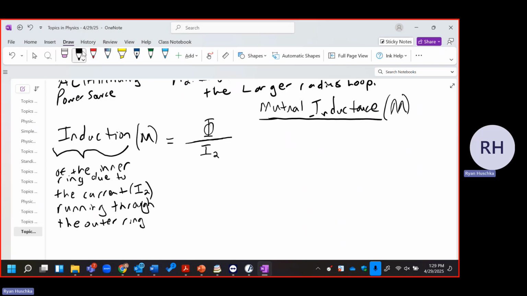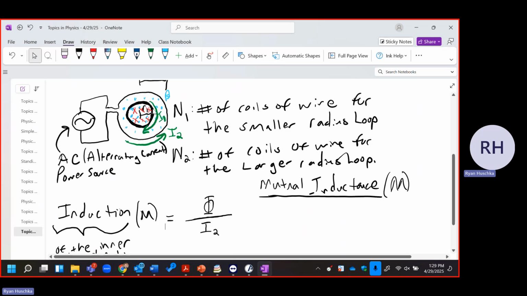What about I2? That is the current running through the outer loop. That's the thing causing the induced current on the inner loop.